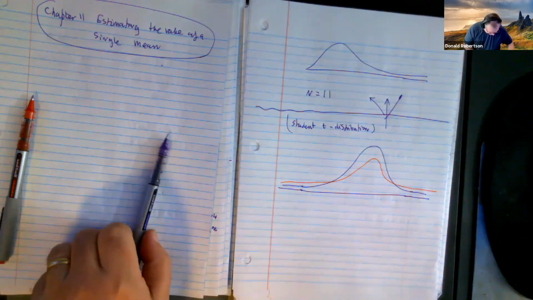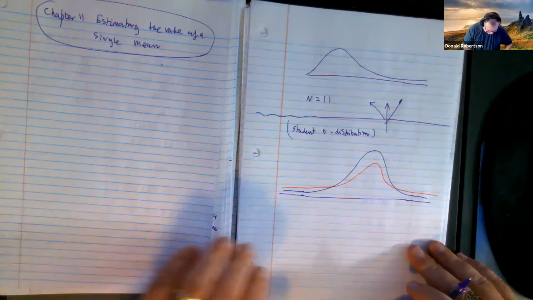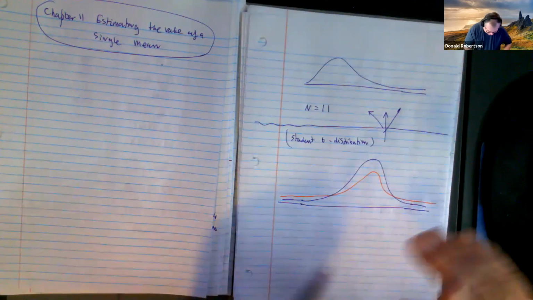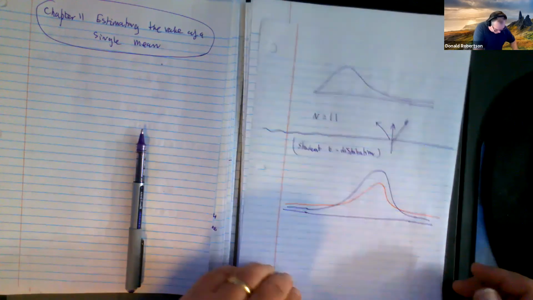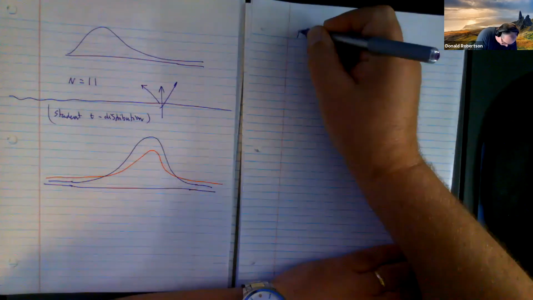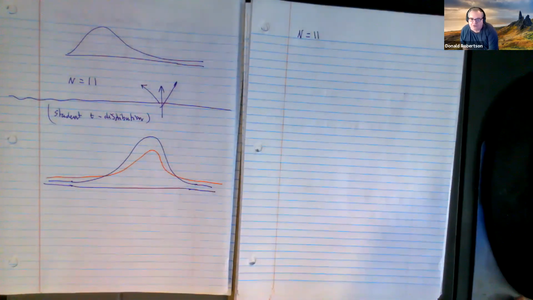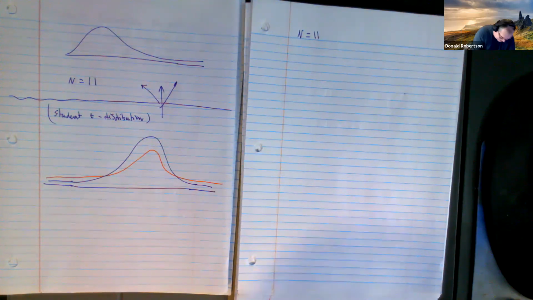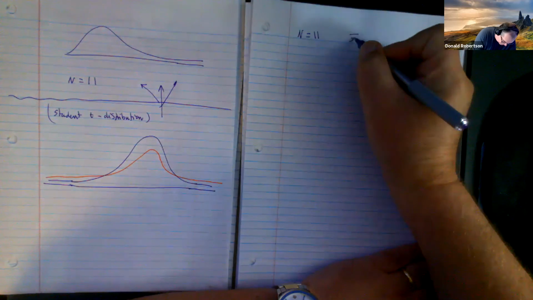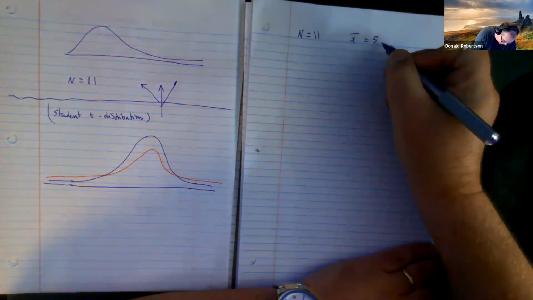The SALT does have a few extra little issues, but let's just do a story right off the bat. Let's suppose that you're the Guinness guy and you've decided to test 11 barrels of Guinness and you were testing the average alcohol content. And the average alcohol content ended up being 5.4.